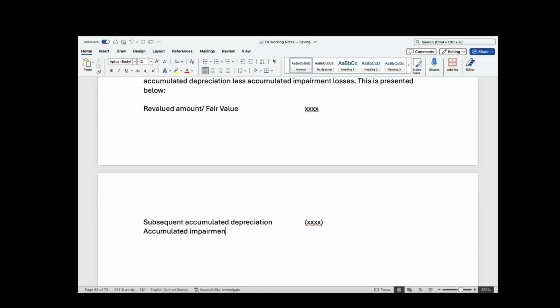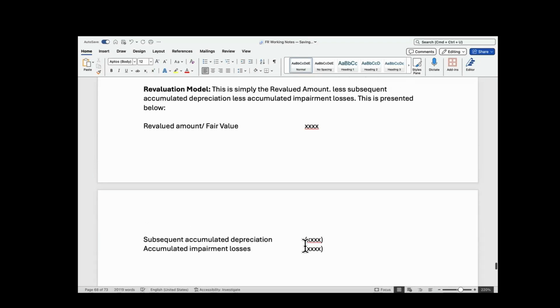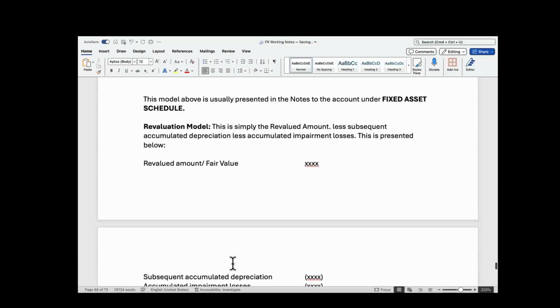And also accumulated impairment losses. Altogether, they give you the carrying amount or carrying value, or it could be the updated revalued amount as well in this case, but for consistency, let's call it carrying amount or carrying value.